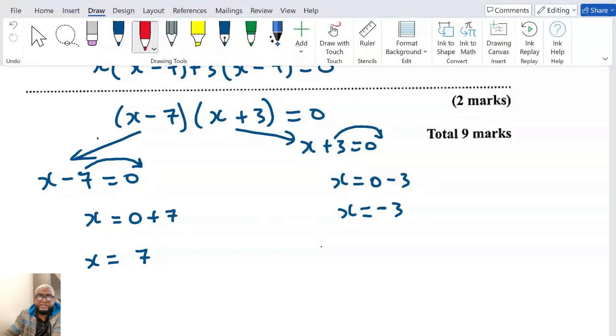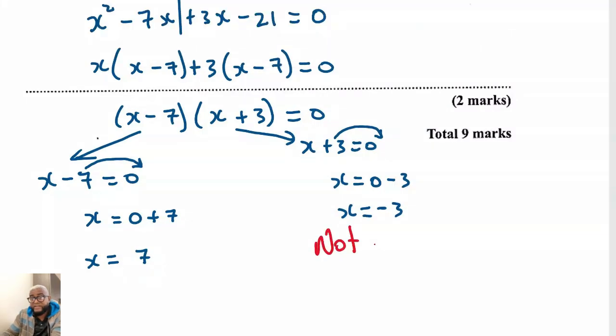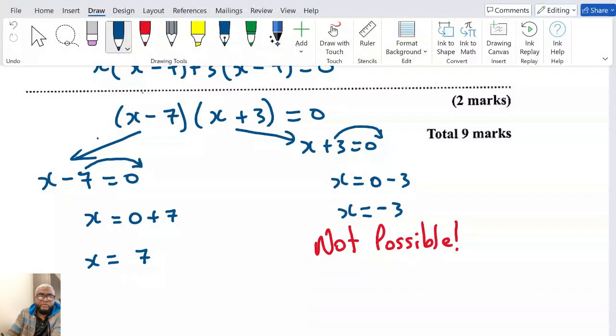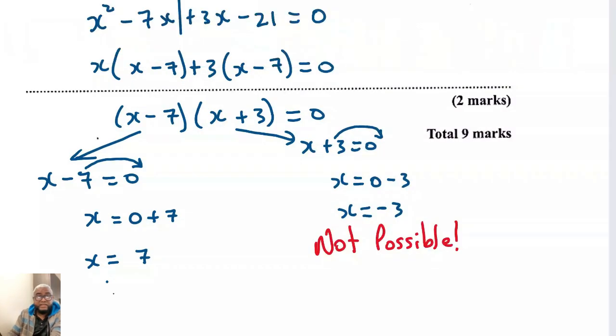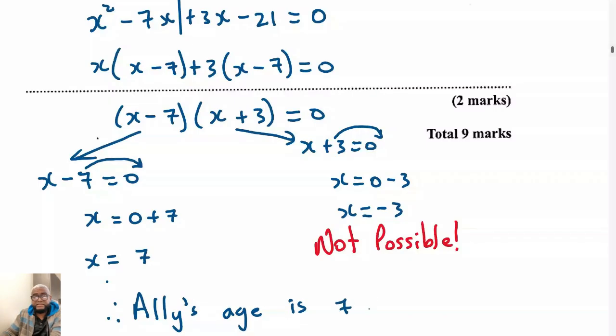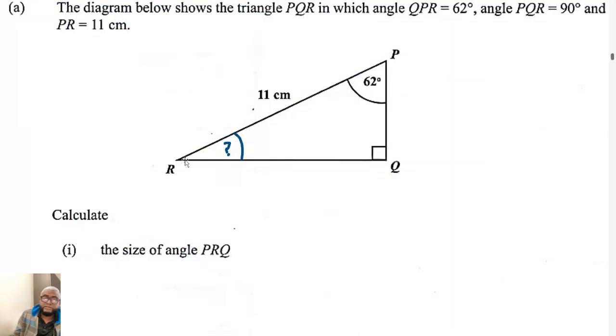This one here, because it's negative and you can't have a negative age, is not possible. All right, so therefore, remember Ali's x here, eh? So therefore, Ali's age is 7 years.